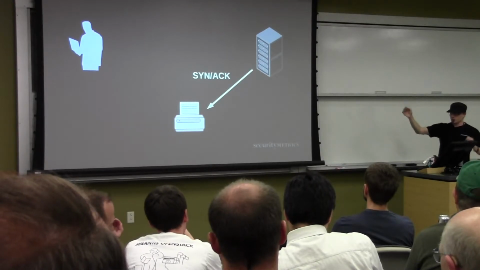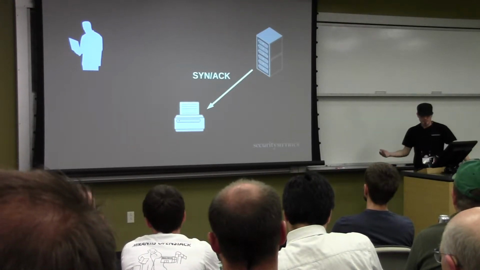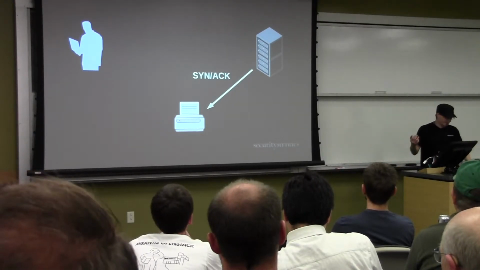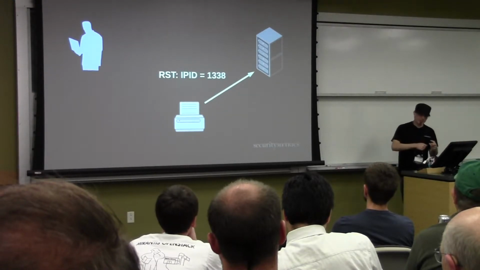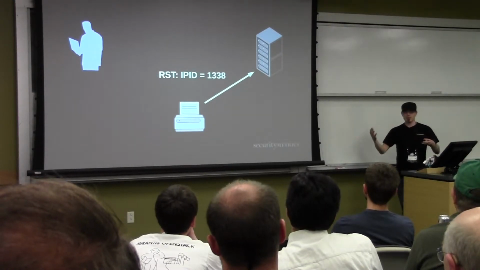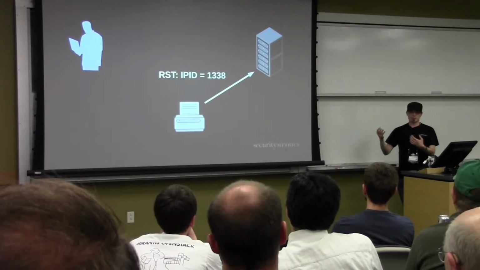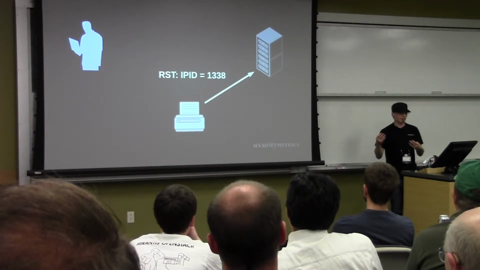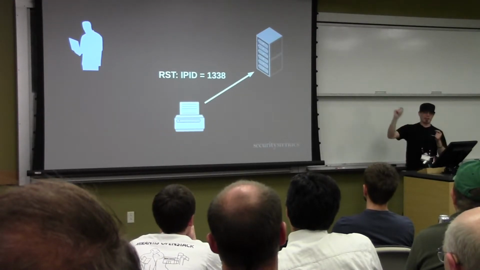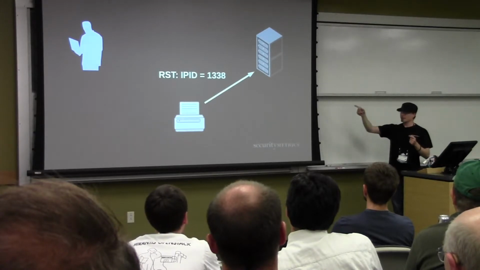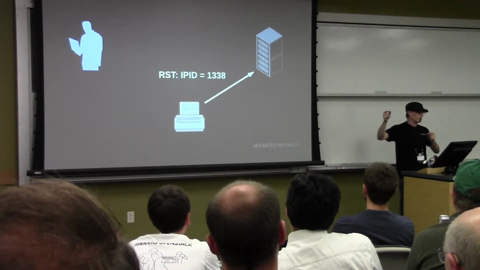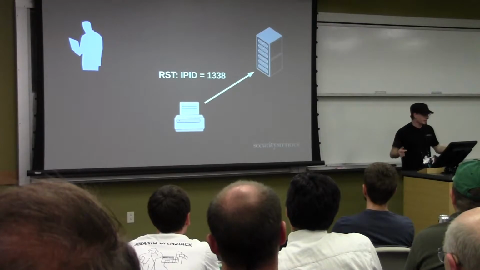So, SYNACK to the zombie, and the zombie then sends a reset packet because there was no initial SYN packet to set up the handshake. By sending that one packet out, the IP ID on the zombie has been incremented one more to 1338.